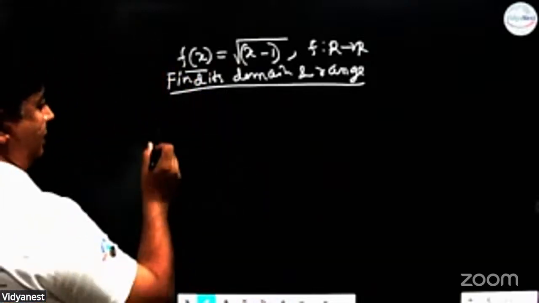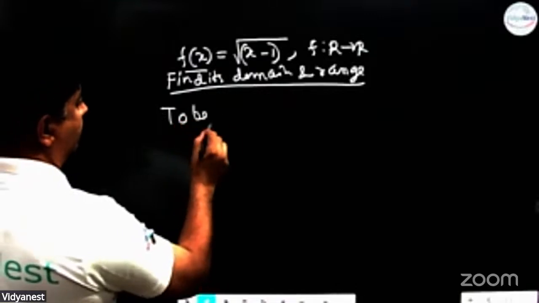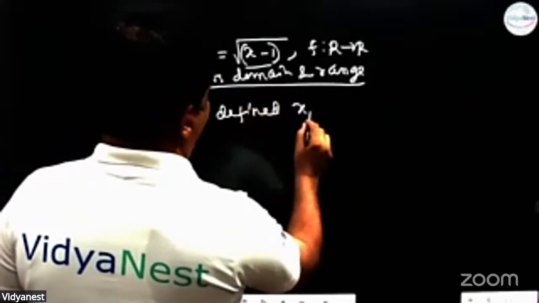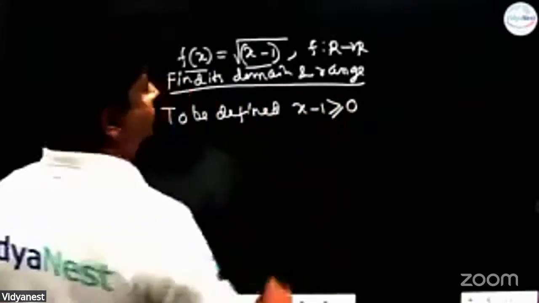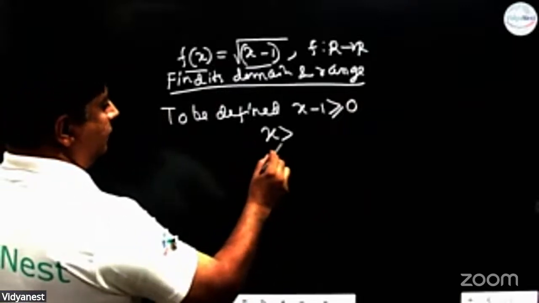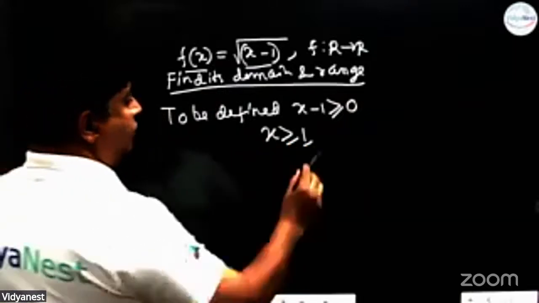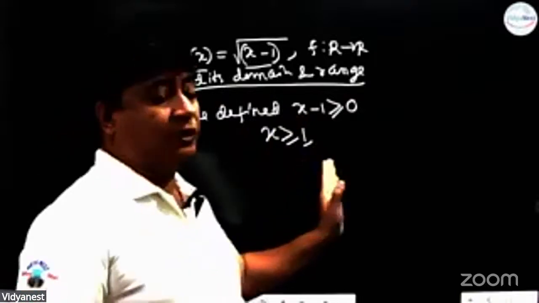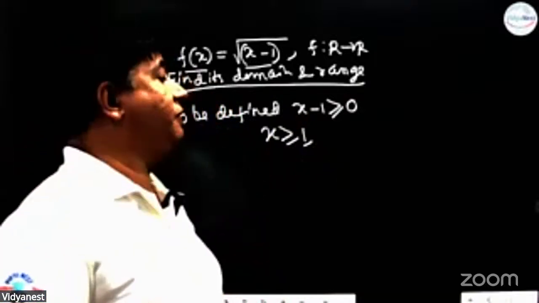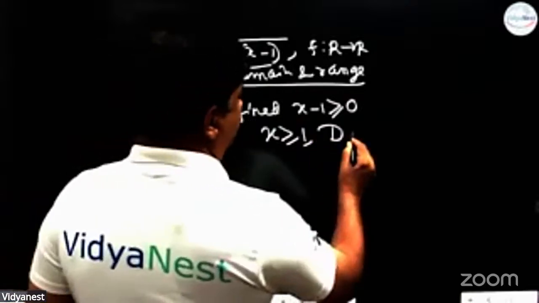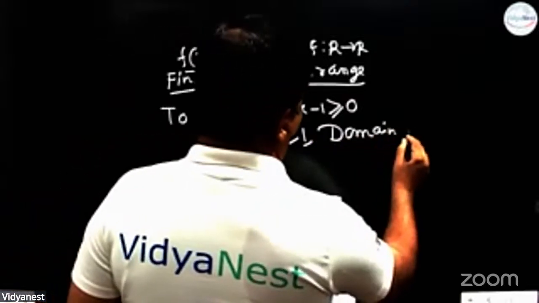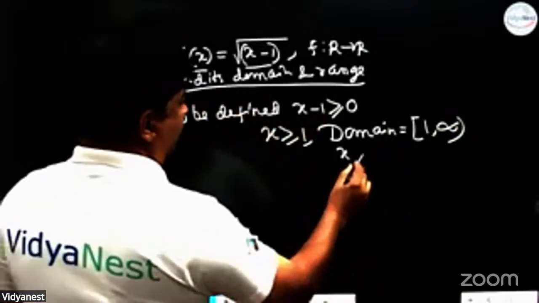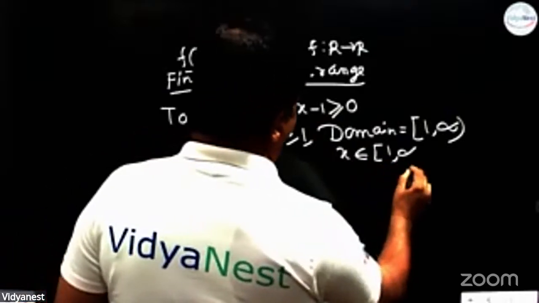So to be defined, this x minus 1 must be greater than or equal to 0. So x is greater than or equal to 1. So domain of definition starts from 1 and goes to infinity. How to write it symbolically? 1 to infinity, or you can write x belongs to 1 to infinity.